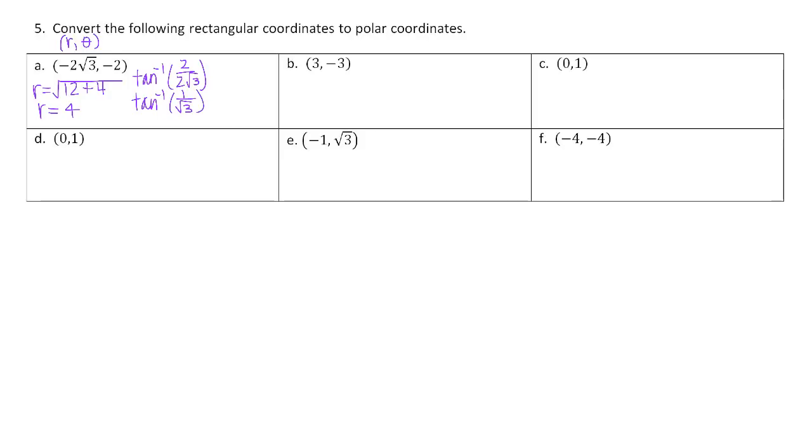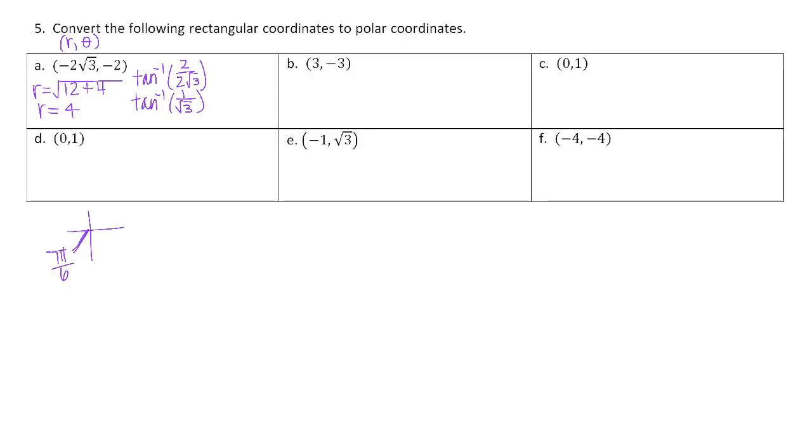If we are in the third quadrant, and we want 1 over root 3, it seems like that might be 7 pi over 6, because we know our sine over cosine, and you also know your unit circle.